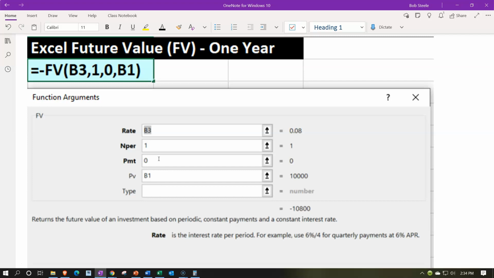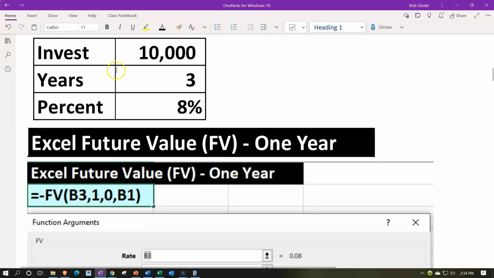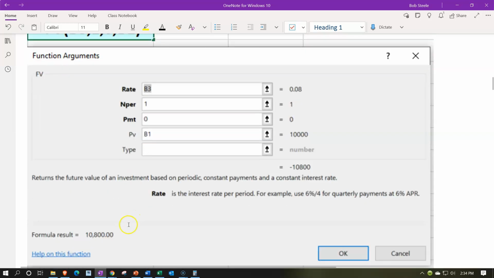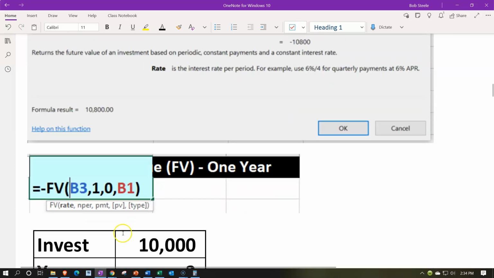With Excel, you can use the same future value formula, because you can put a 0 on the payment here and then use this one, which would not be required if it were an annuity, but is required if it's a present value of 1, and that would be B1, or the amount of the investment of the 10,000. And that'll give us our calculation here, which you can see is the 10,800.